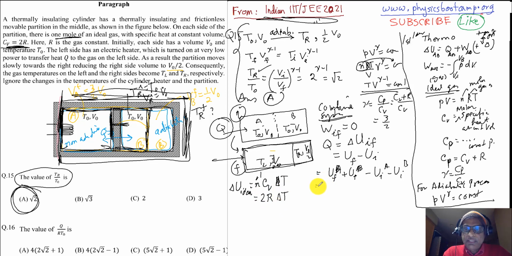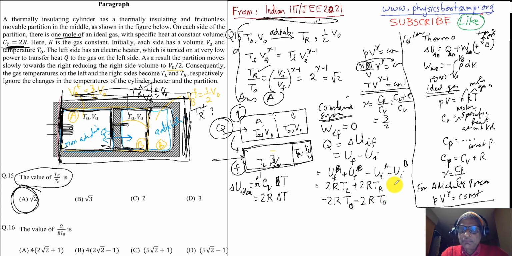So this would be UF of A will be 2R times the final temperature, which is TL, plus this guy will be 2R times the final temperature TR, and this is going to be minus 2R T0 minus 2R T0.